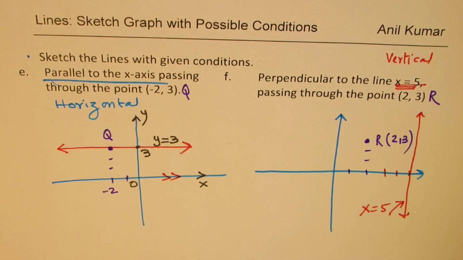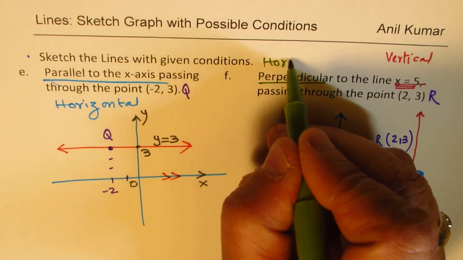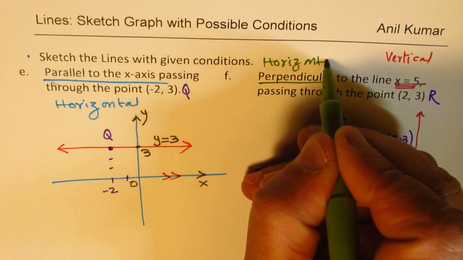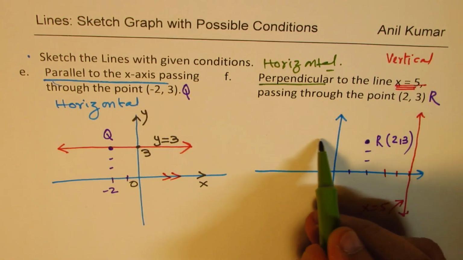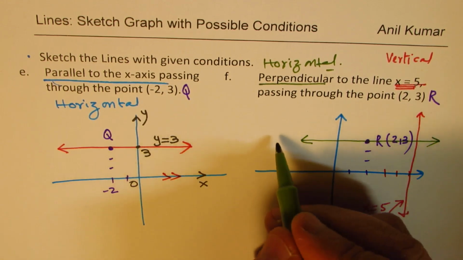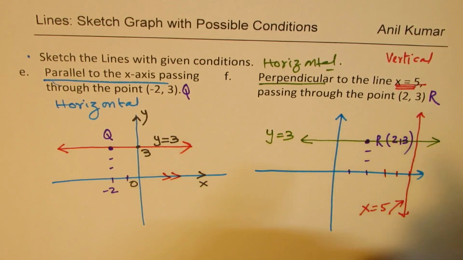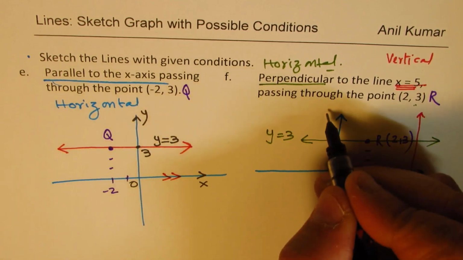We need to draw a line which is perpendicular to this line. That means we need a horizontal line. Do you get the idea? The horizontal line through the given point will be this. So again, we have y equals 3 as our line. The 3 value is again common for each and every point. So that is how you're going to get all your graphs.